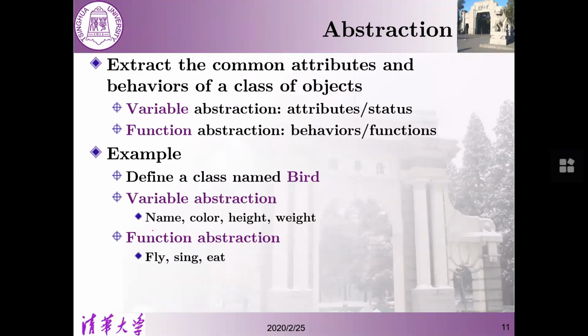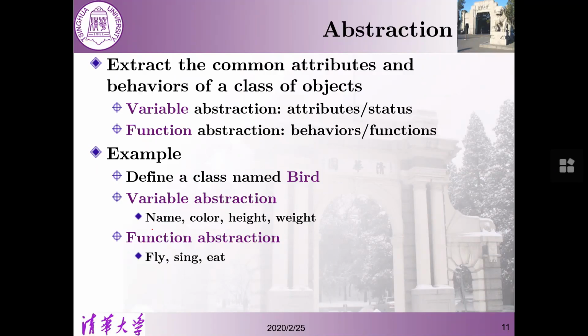For abstraction, this is mainly the idea. When we are faced with some programming problems, we first extract some common attributes or behaviors from the objects. By attributes and status abstraction, we get variables. And by behavior and functions abstraction, we get functions.